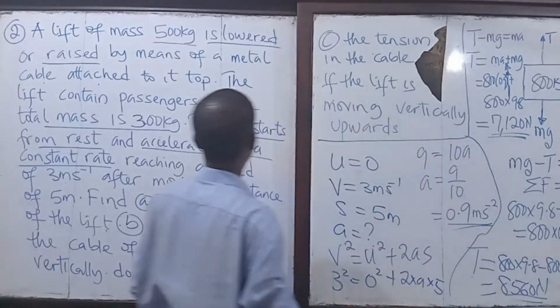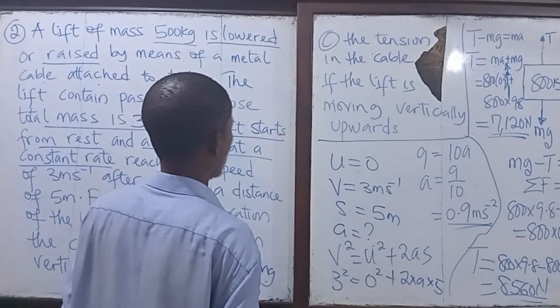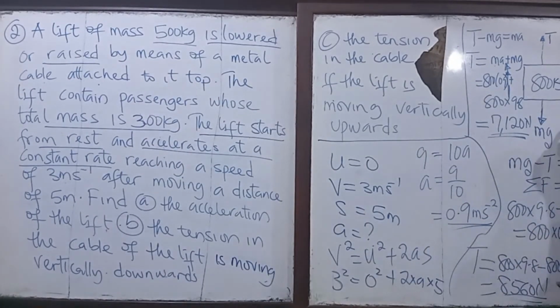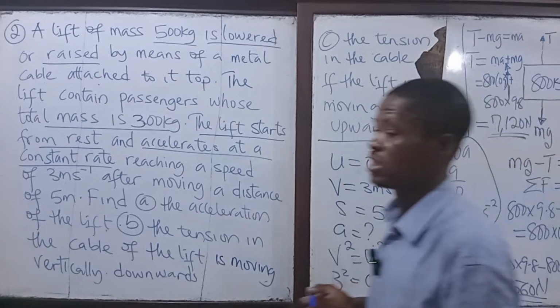And you can use xy coordinates, plus y, minus y. So if it's moving in this direction, the force in that place will be positive. The one that is against it will be negative. So combine them together, and that's the resultant force equal to Ma. So that's just that in this case.